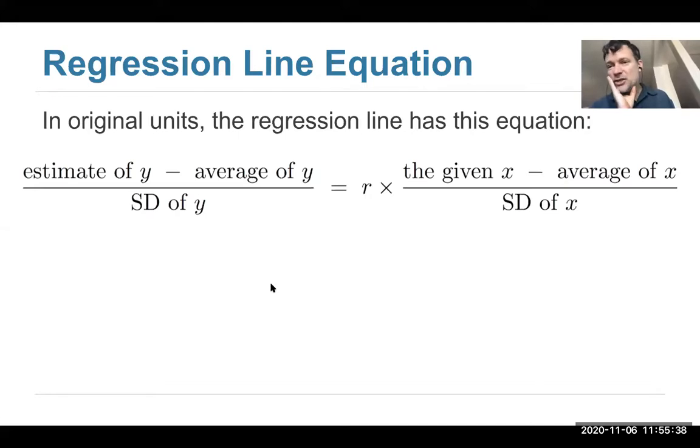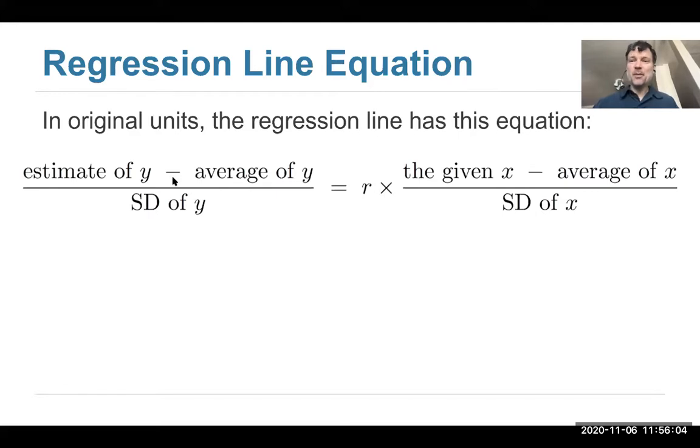I showed you the equation for the regression line if you work with X and Y in standard units, but typically our data is not in standard units. So I would like to know the relationship between X and Y in the original units, not standard units. And here's what the equation looks like in original units. I said Y was equal to R times X, but that's Y in standard units and X in standard units.